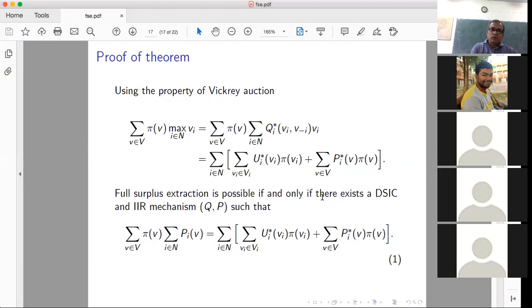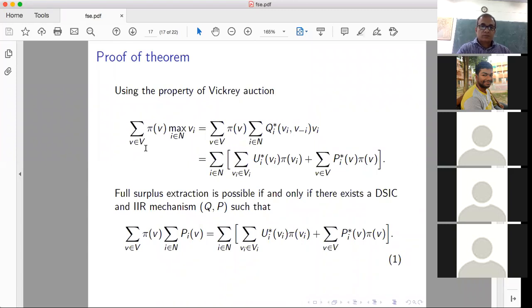So intuitively, what this is saying is that the expected highest value is equal to the expected payoff of the bidders plus the expected payment of the seller, which makes sense, right? Because the expected payoff of the bidders is basically expected highest minus expected second highest, and the expected payment is expected second highest. So these two sums basically give you the expected highest value.